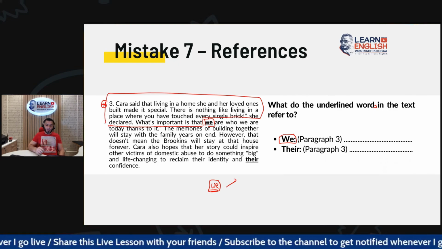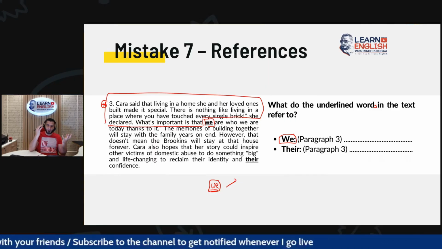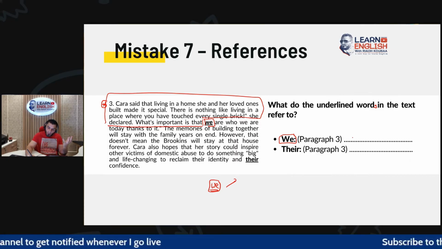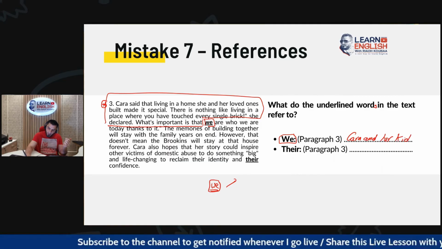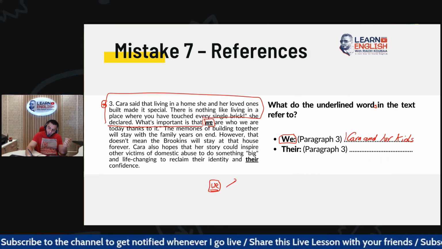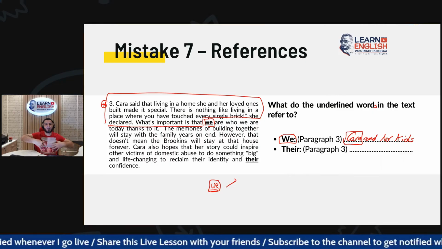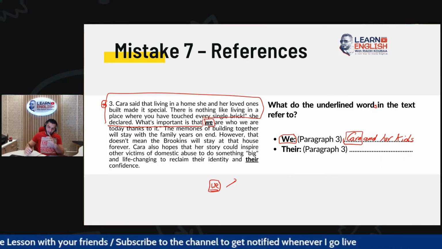Kara said that living in a home where she and her loved ones. So we refers to Kara and her kids. So you see, it cannot be Kara only, because when we use we, it means I and another person. So you see, this is how we answer.